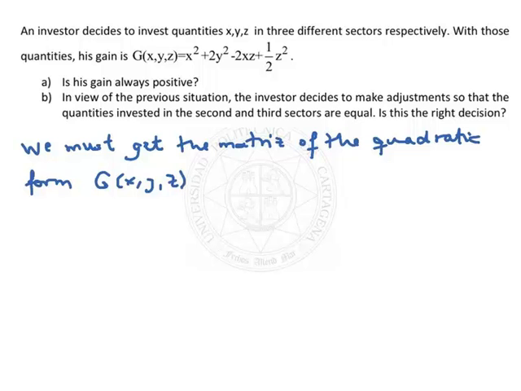We must get the matrix of the quadratic form of the equation g of x, y and z, which is x squared plus 2y squared minus 2xz plus 1 over 2z squared. To get this matrix, we must substitute the values as can be seen in this video.